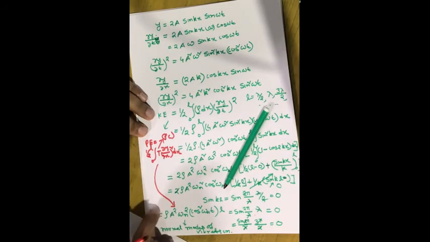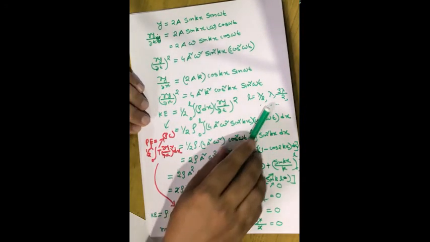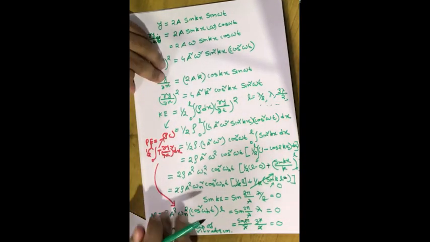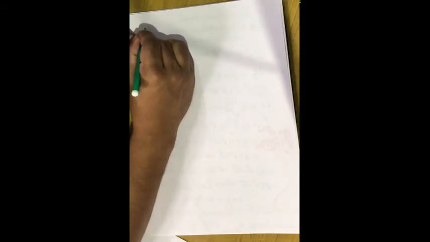This part of the problem you have to do by yourself, and you will get exactly the same value of the potential energy of the string. So kinetic energy and potential energy in case of a string have exactly the same value, and they are always in phase. With this, let me write the value of the total energy of the string when it's vibrating in normal modes, or when there is a formation of a standing wave.